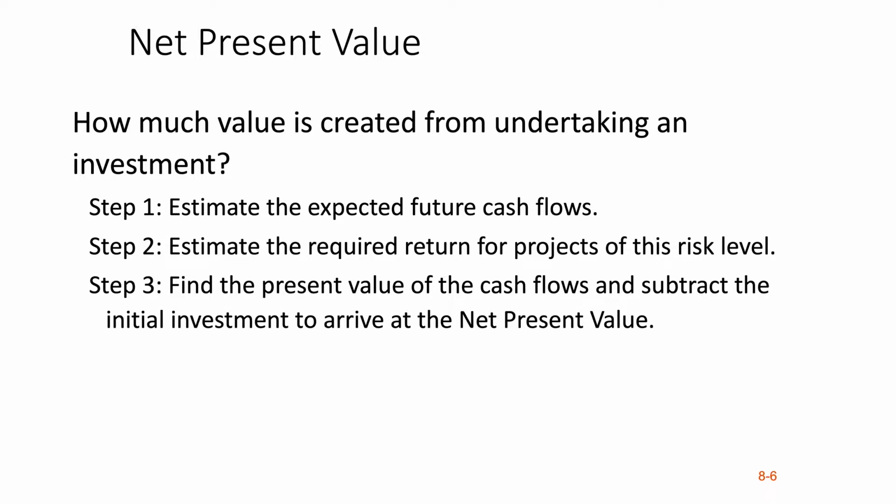The last step, step three, you find the present value of those cash flows and subtract the initial investment. Then you arrive at the net present value. Those are the three steps usually taken in capital budgeting.